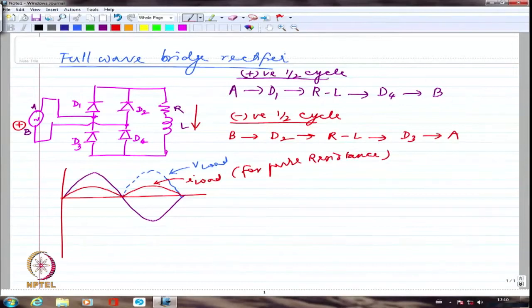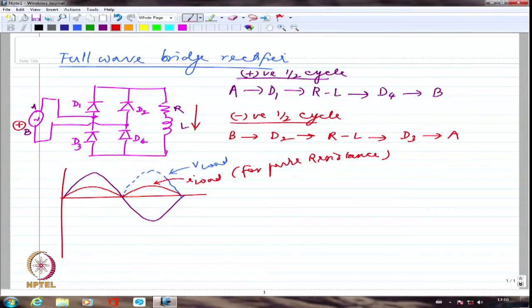If it is a purely resistive load, it will touch zero, obviously, because the voltage is touching zero, the current also has to touch zero, right? Whereas if it is inductance, obviously the current will not touch zero because it would have already accumulated energy.